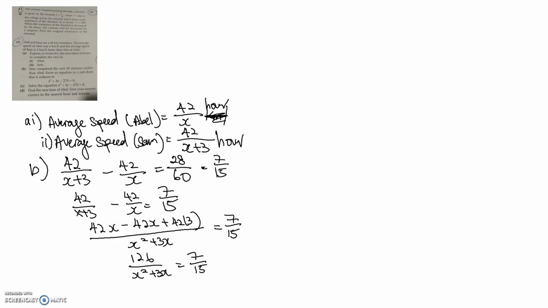I hope my calculation is right. And then we're going to cross multiply. So 126 times 15 equals 7 times x squared plus 3x. Let me see, we get 1890 equals 7x squared plus 21x.